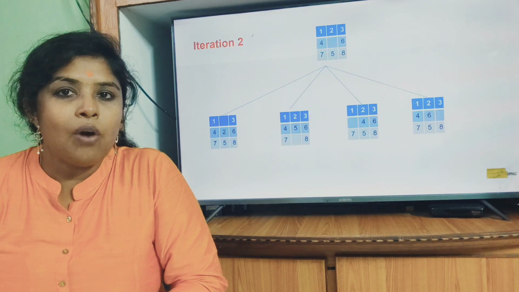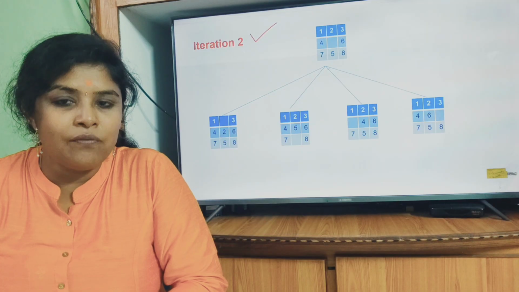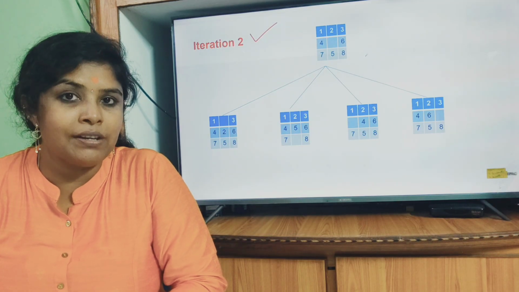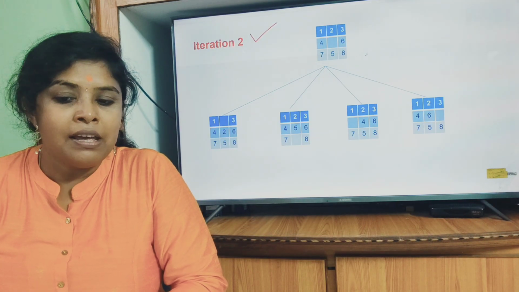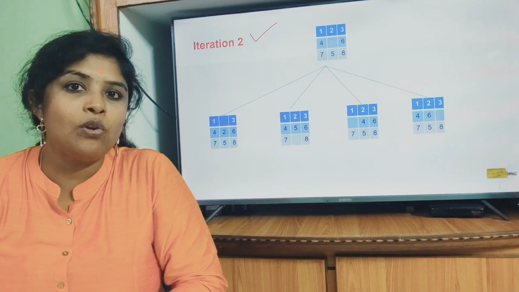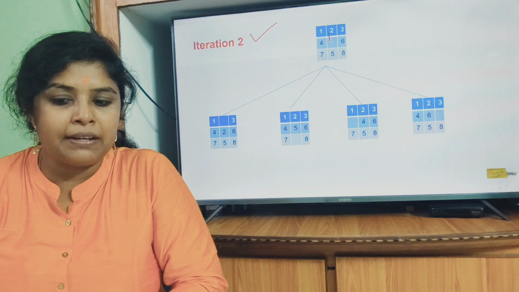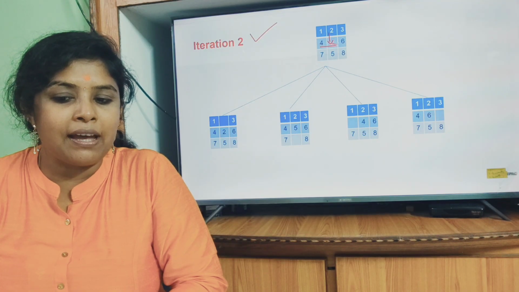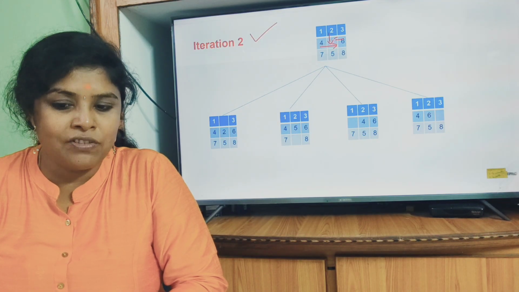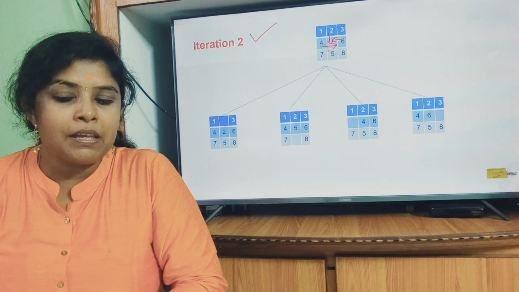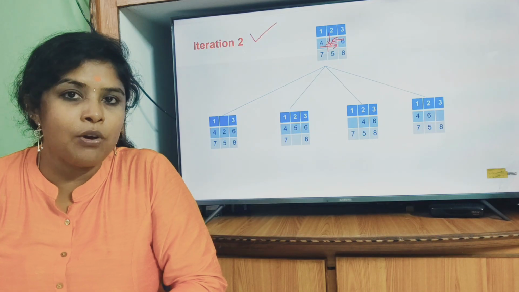Okay. So iteration 2, I have this grid which was the best solution of the first iteration. Now from here again, I need to look for all possible solutions. I can have 2 coming down, or 4 moving right, or 6 moving left, or 5 coming up. So there are 4 different possibilities.